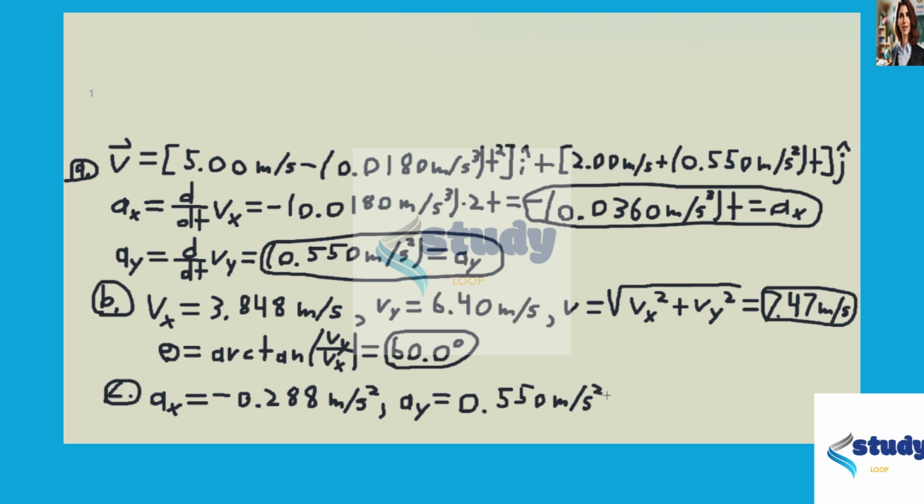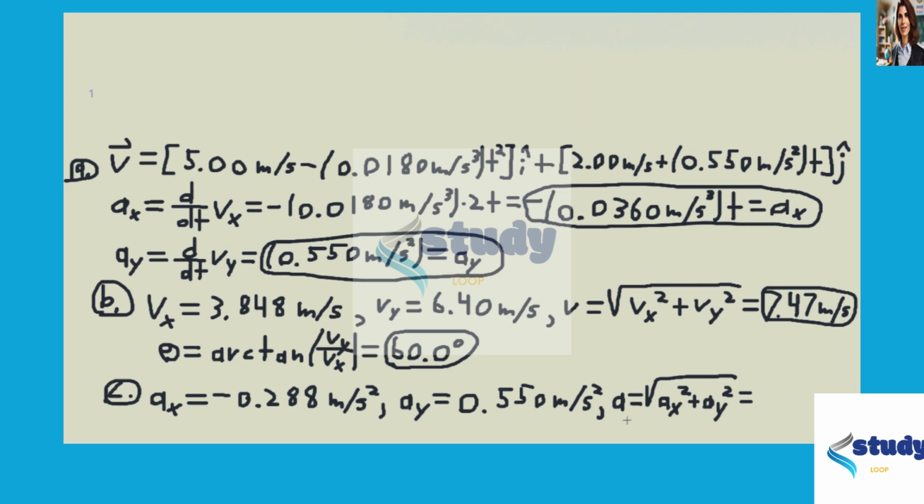Okay. And again, I'll calculate the magnitude of the acceleration by using the magnitude equation. I just plug in my values for ax and ay that I just calculated here.